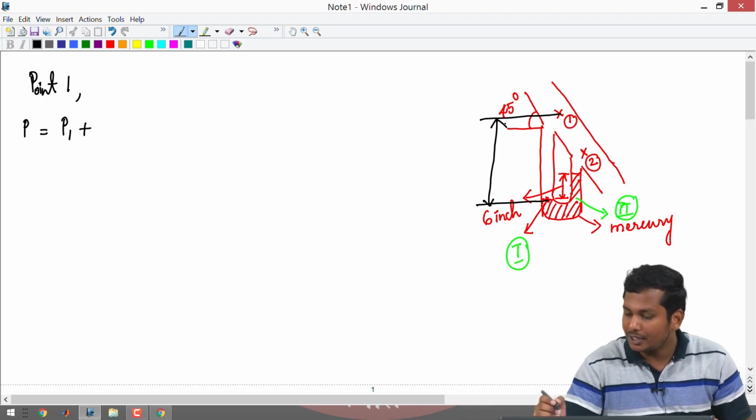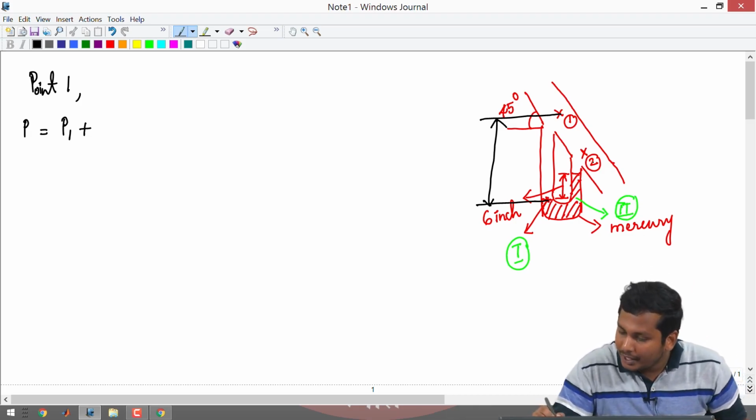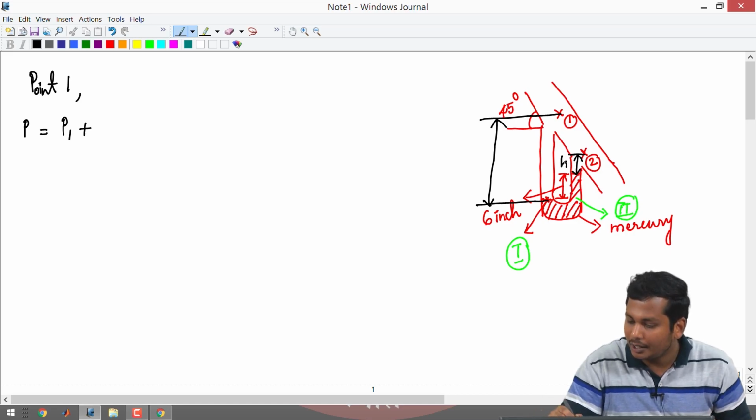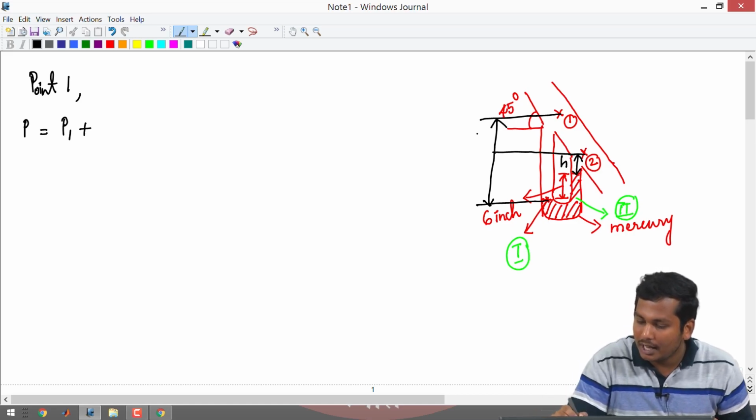To calculate the pressure in that region, first we will make an assumption that the distance between this point and this point here is h, and this as x.